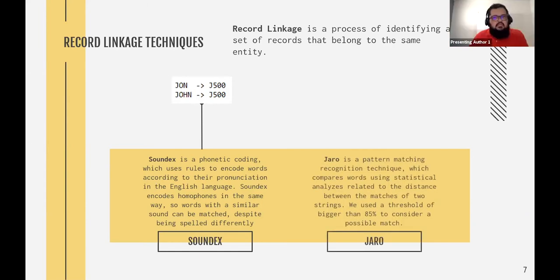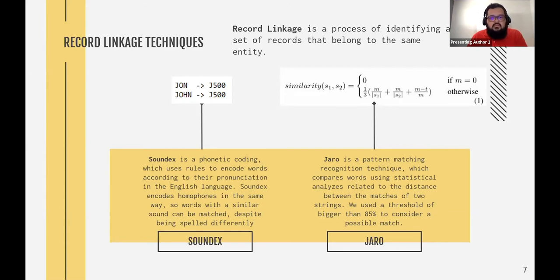On the other hand, Jaro is a pattern match recognition technique, which compares words using statistical analysis related to the distance between the matches of two strings. Here |S1| and |S2| are the lengths of the strings S1 and S2 respectively.